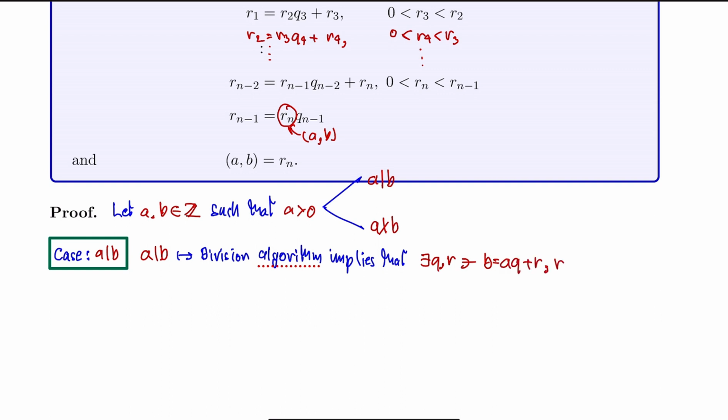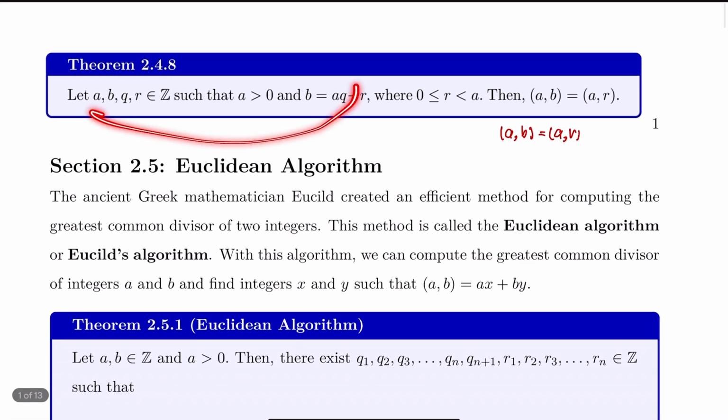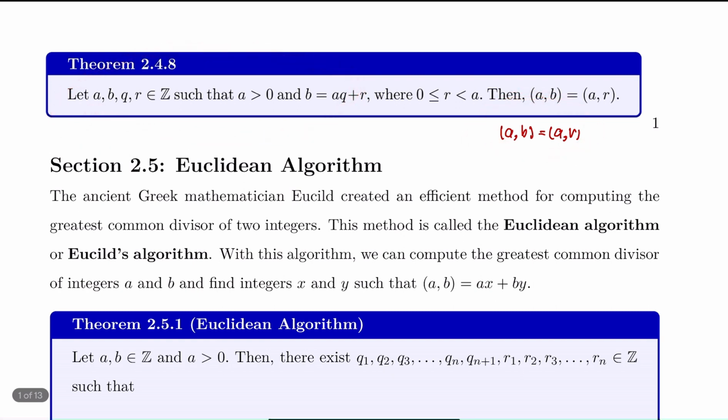But R must be 0. The remainder must be 0 in order to have A divide B. So by this theorem, what do we have? We gotta have the greatest common divisor of A and B equal the greatest common divisor of the divisor and the remainder.